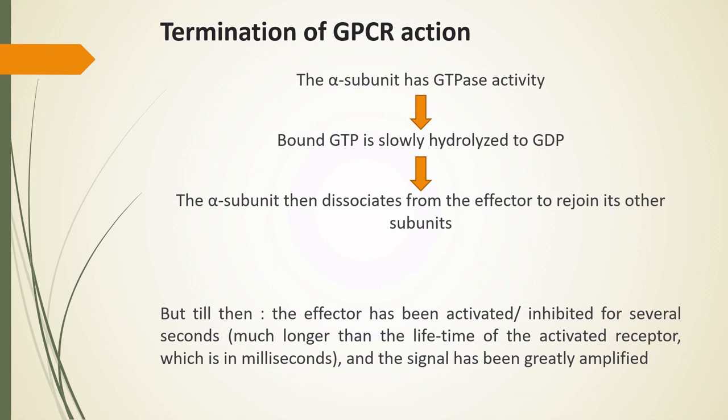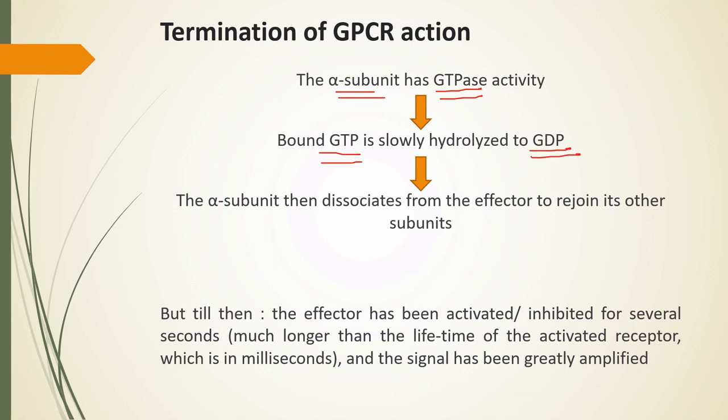Now, how is the action of a G protein coupled receptor terminated? The alpha subunit, remember, was dissociated. This alpha subunit has a GTPase activity because upon activation GTP was bound to the alpha subunit. Because of this GTPase activity, the bound GTP will be slowly hydrolyzed to GDP.